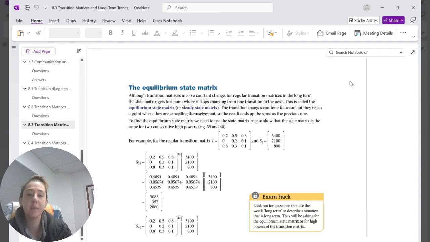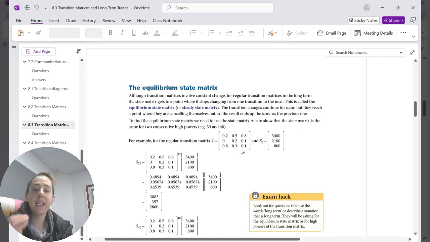So it's called the equilibrium state matrix or the steady state matrix, two names that you need to remember. The changes continue to occur, but they hit a point where they're cancelling themselves out, so it stays the same as the previous one.